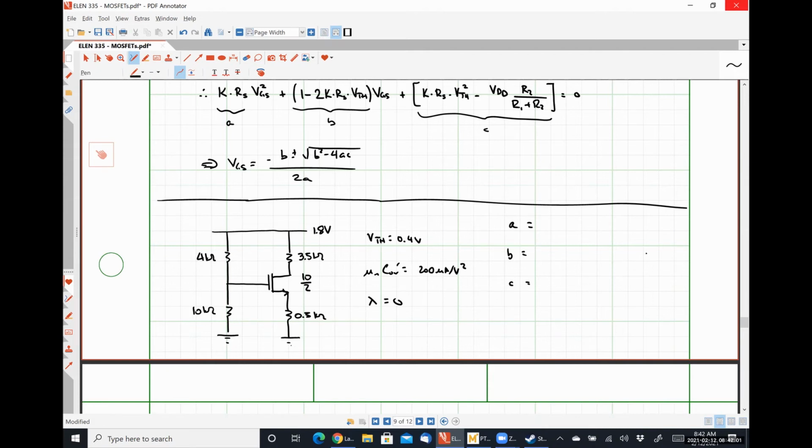If you make it too large, like I was doing an example in 438 last quarter, where I wasn't paying attention and I had it as a 10/2, forgetting that it was going to take that as 10 meters long in width by 2 meters long in channel length, that kind of screwed with my currents and things like that when I was trying to put it into a circuit.